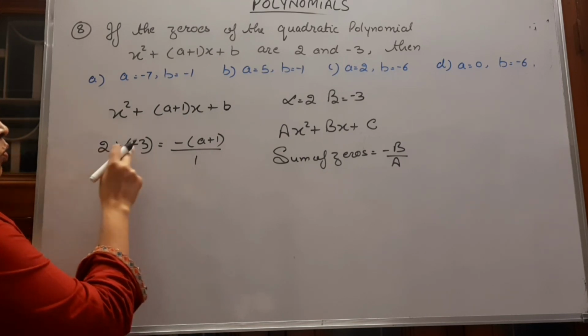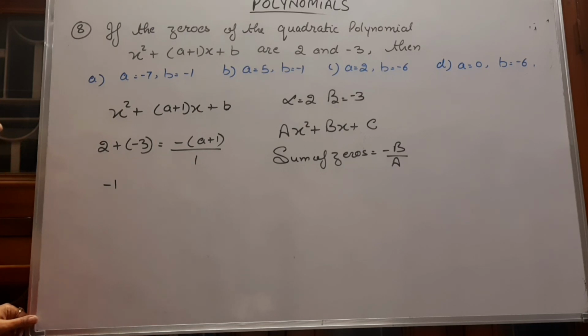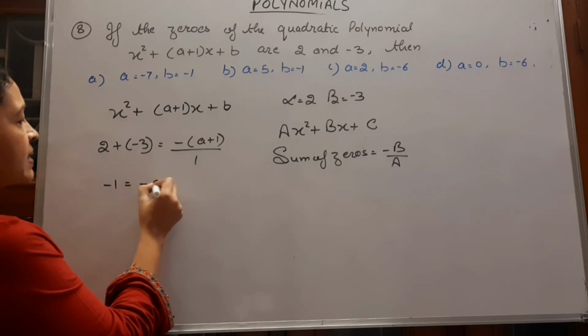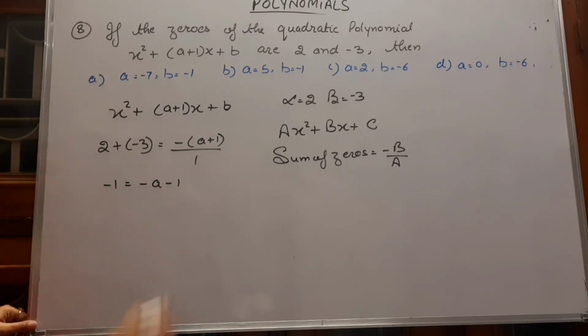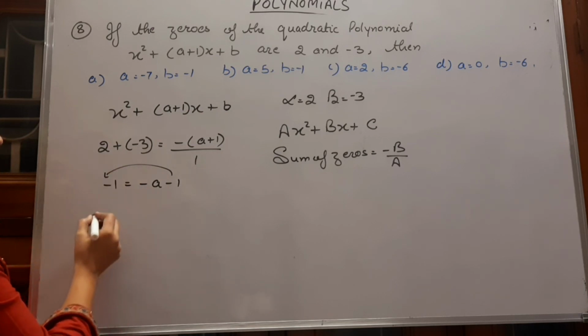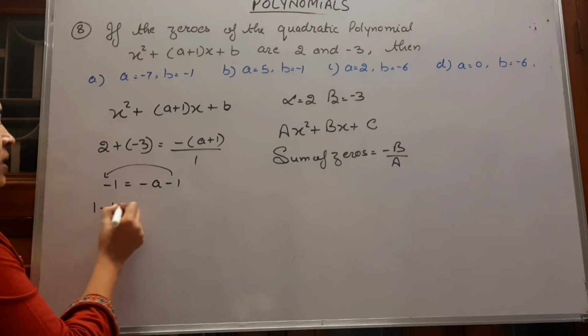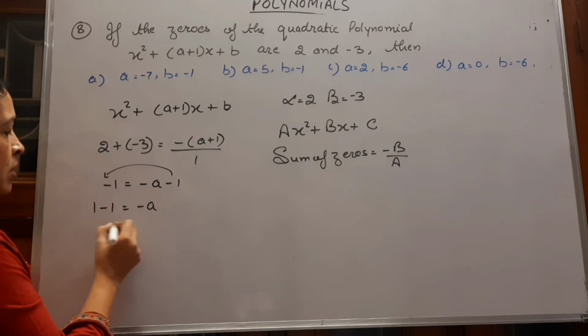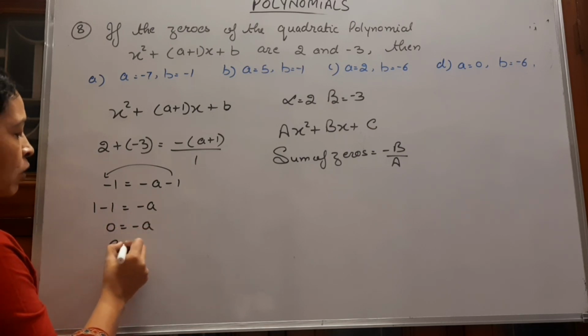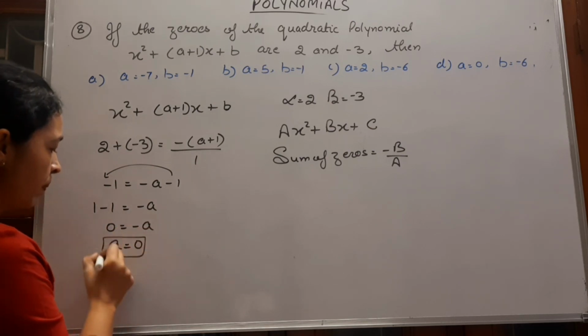So 2 minus 3, we have minus 1 equals minus a minus 1. Take this minus 1 on the left hand side. 1 minus 1 equals minus a. So 0 equals minus a, and the value of a is 0.